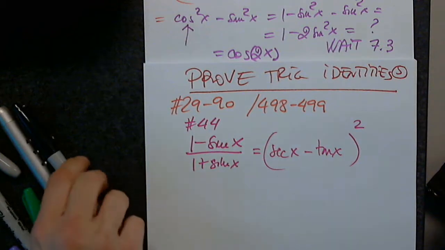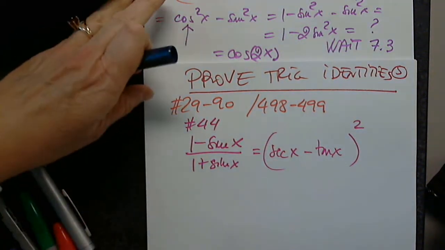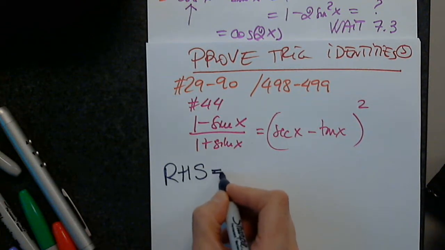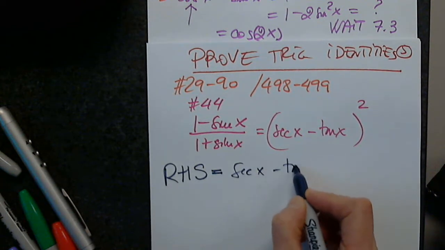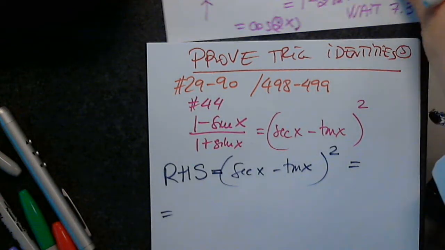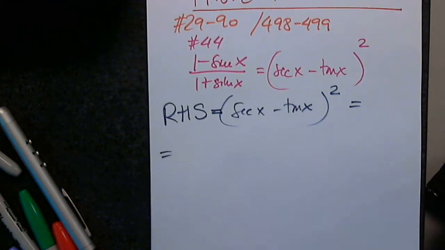So in this case, I start with the right-hand side, and I write that. Right-hand side equals secant x minus tangent x squared. And I start working on it without doing anything to the left-hand side. Okay, what would you recommend we do to the right-hand side?